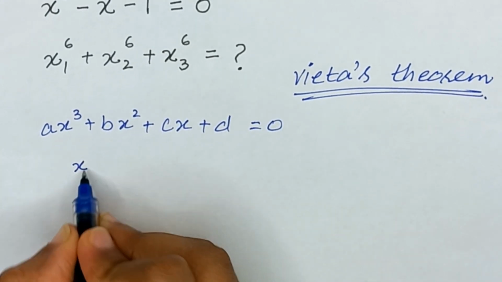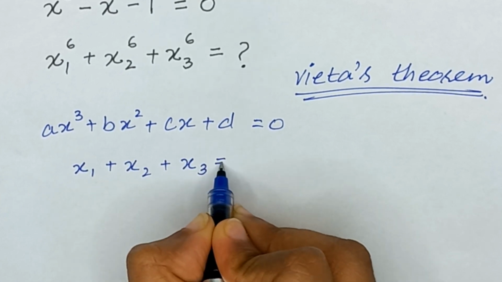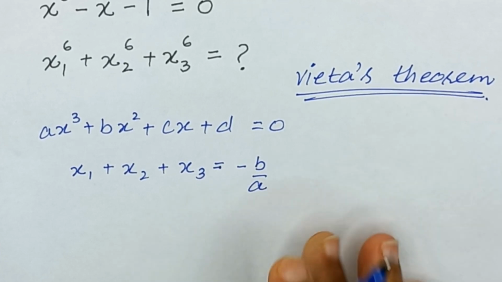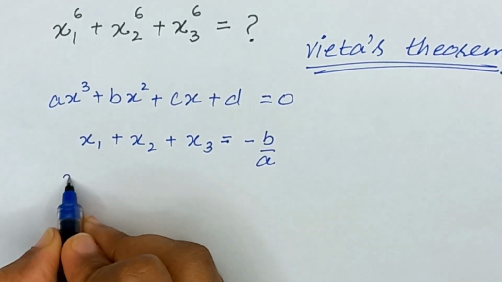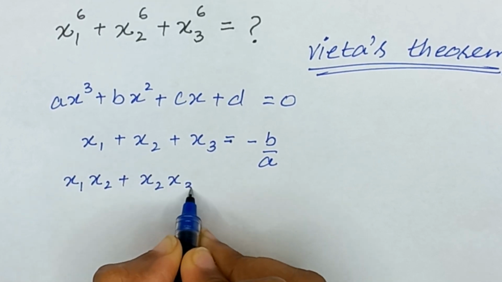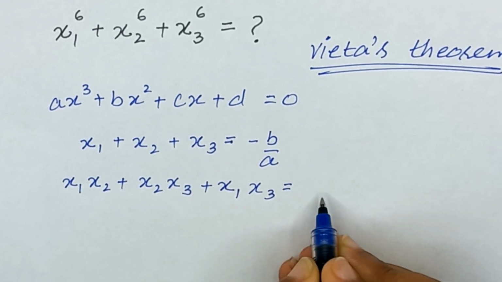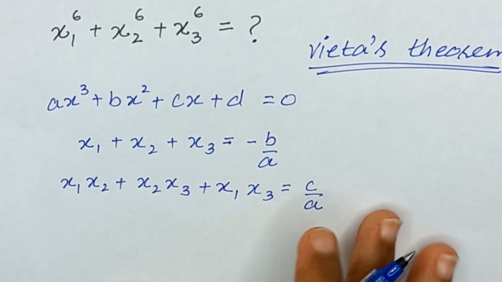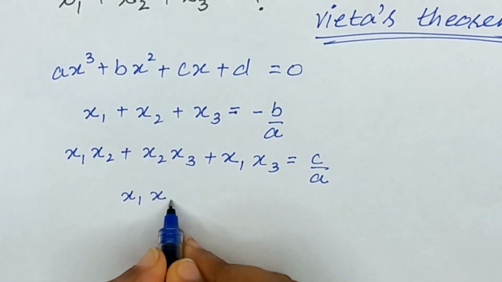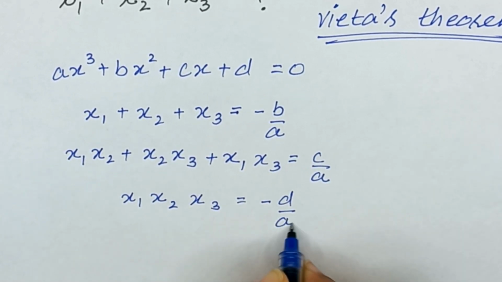The sum of the three roots, x1 plus x2 plus x3, is equal to minus b divided by a, and x1 x2 plus x2 x3 plus x3 x1 is equal to c divided by a. The third relation is that the product of the three roots is equal to negative d divided by a.